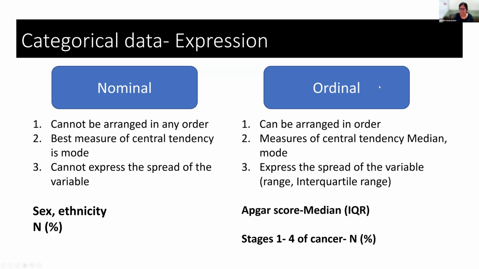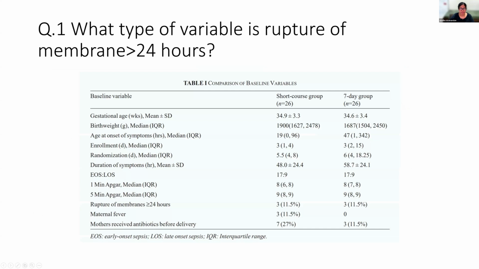However, when you have ordinal data in the form of numbers, then you can have median and interquartile range. Stages of cancer or stages of a disease can all be expressed as number and percentage. This is the common type of expression.